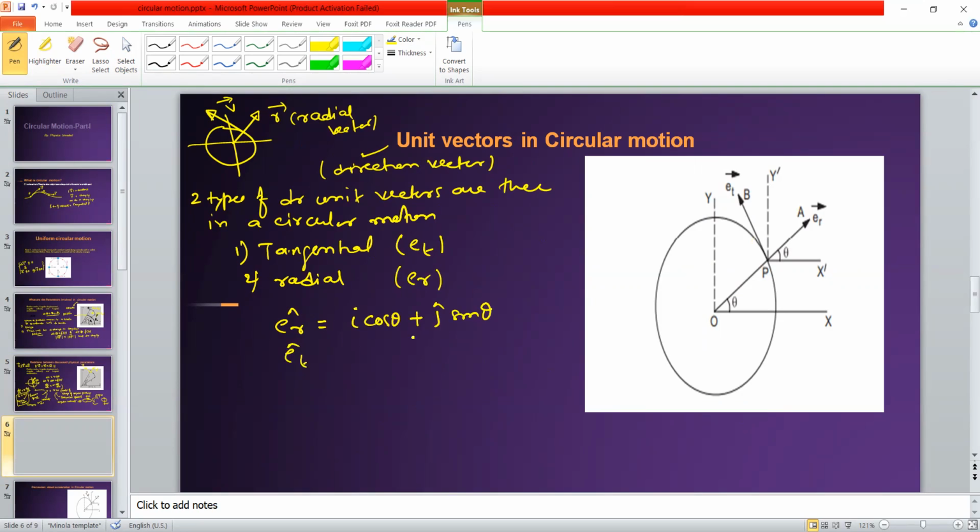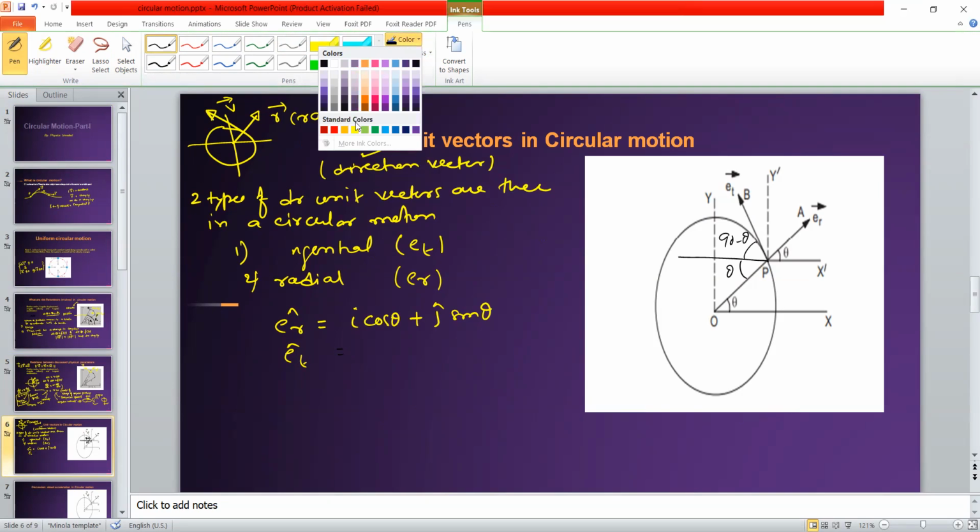And for the e_t vector, if this is theta, then this is 90 minus theta. Then e_t you may write as minus i sin theta plus j cos theta.